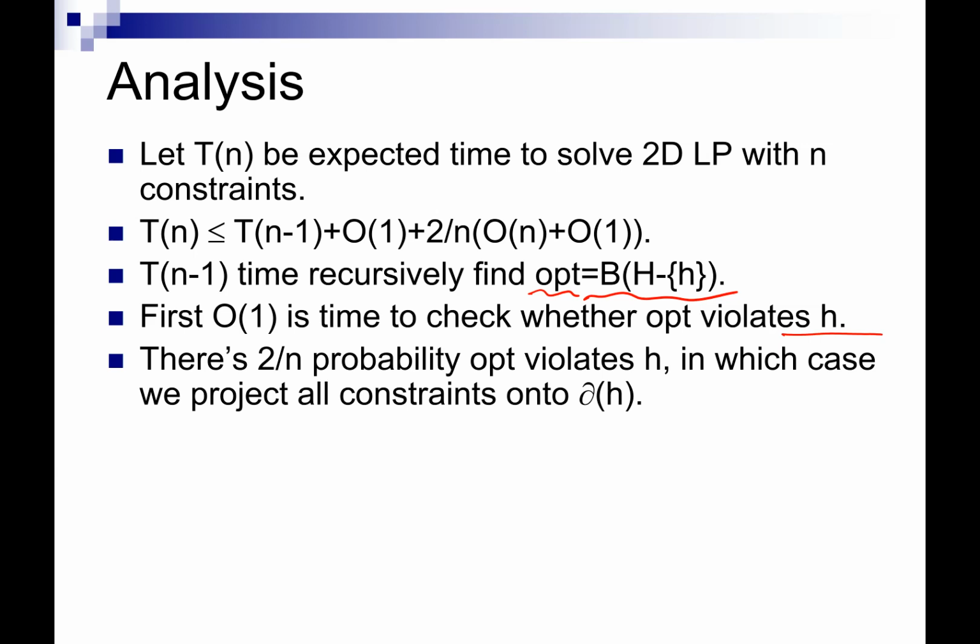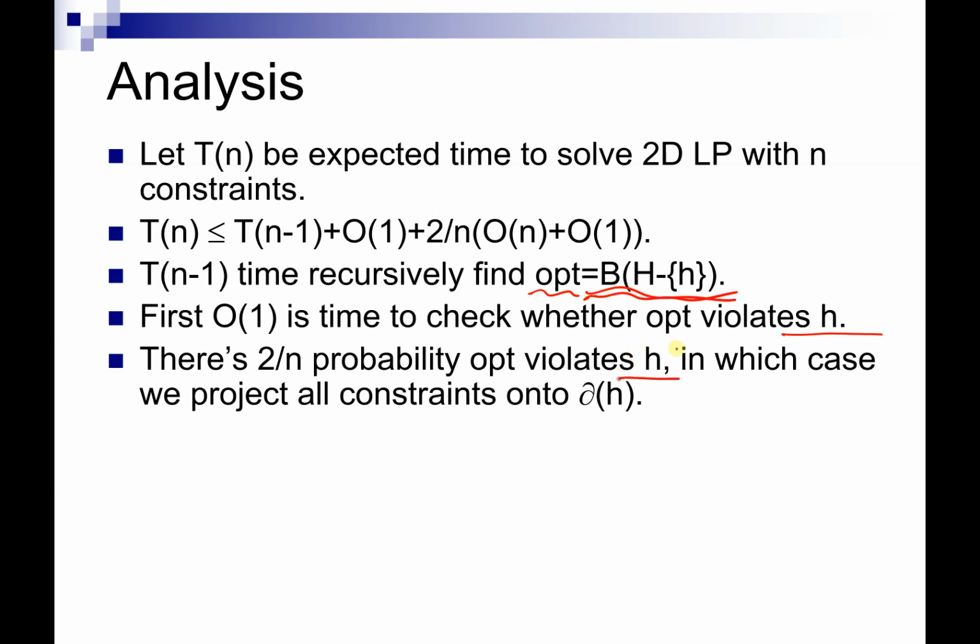And then we said that there's a 2 in n probability that the optimum violates h, because there are only 2 tight constraints that define the true optimum, and the probability that we picked little h to be one of those tight constraints is just 2 divided by n.